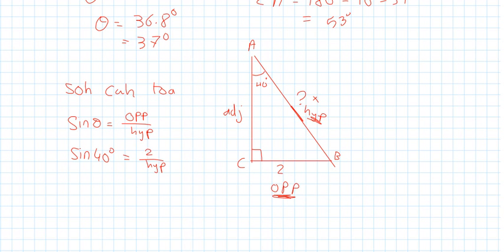So my question to you, how do you solve for that hypotenuse? If I cross multiply, that hypotenuse will come up here, right? So it becomes hypotenuse times sine 40 equals 2. Then what do I have to do?